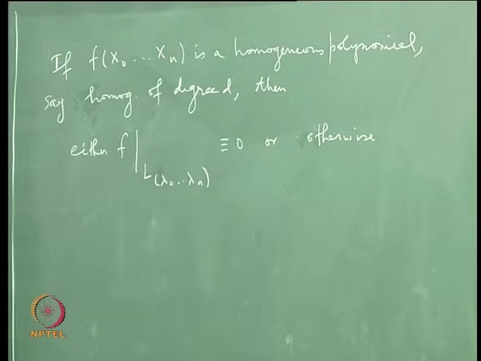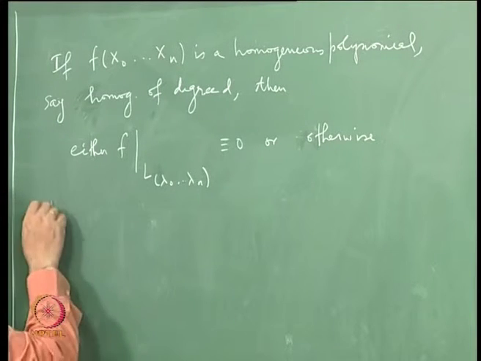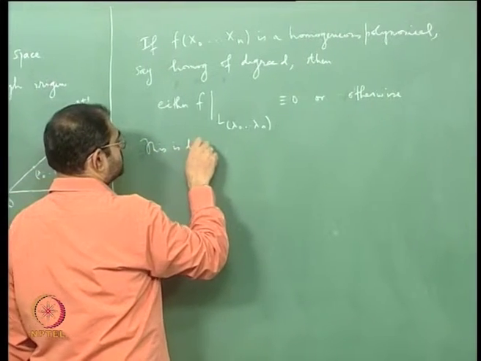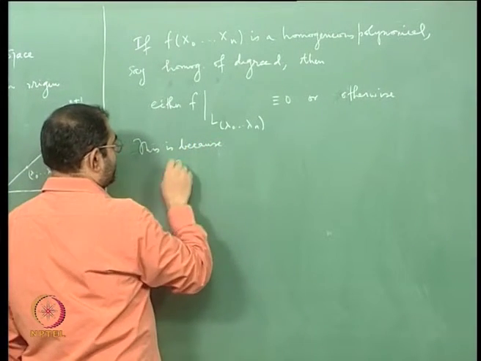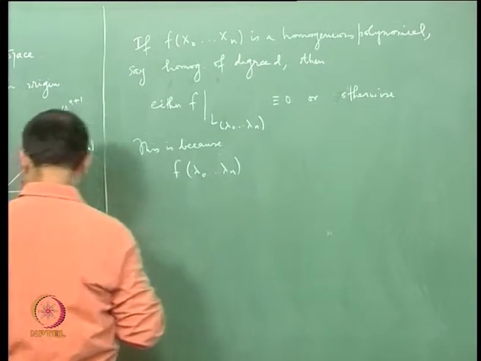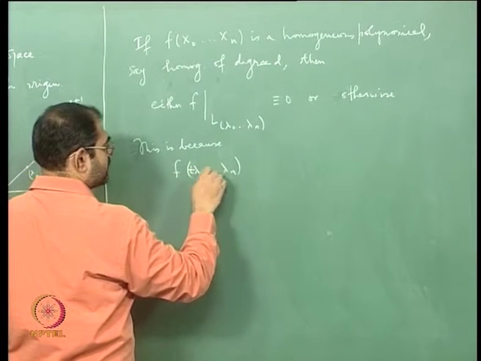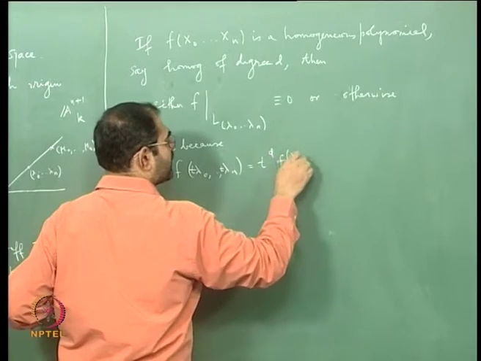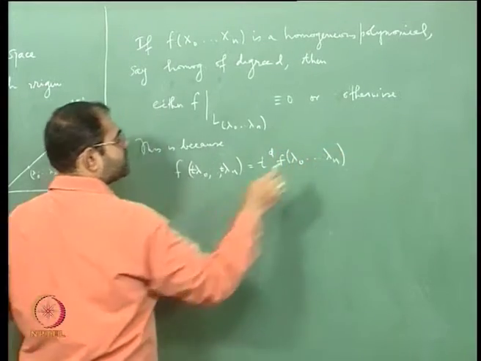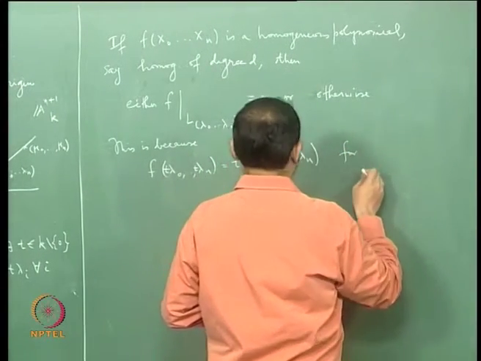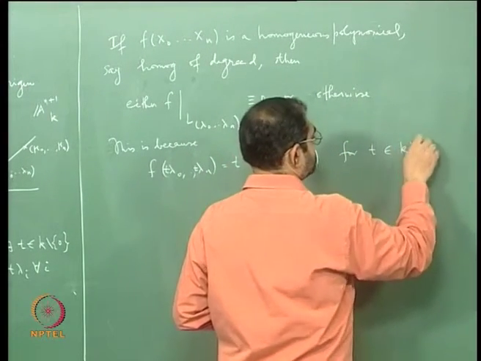Okay, this is because f(tλ_0, ..., tλ_n) is t^d f(λ_0, ..., λ_n) for t a non-zero constant.